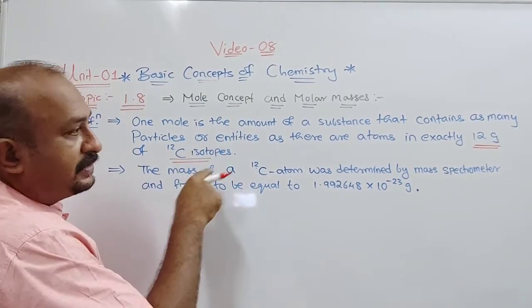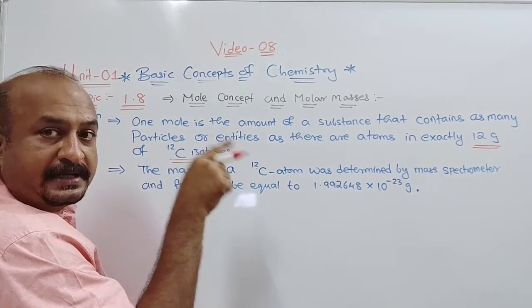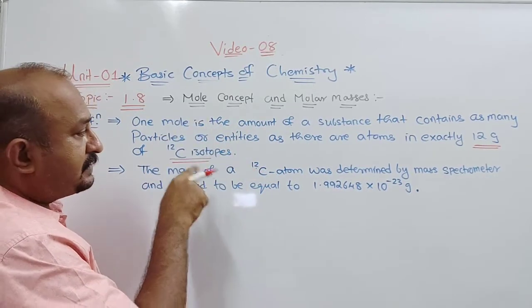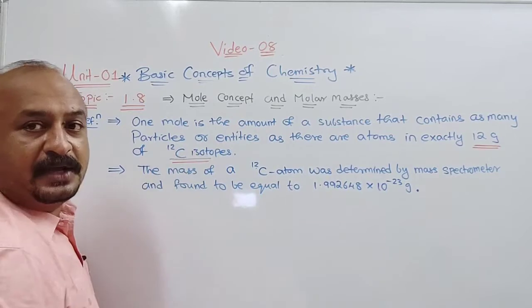Particles can be atoms, electrons, molecules, entities. Clear? So 1 mole is equal to how many atoms, molecules or electrons are present in 12 gram of C12 atom.